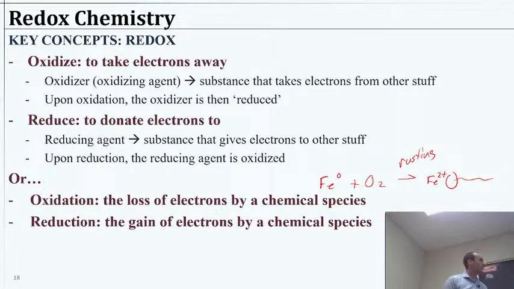Okay. Yeah, a lot of this depends on whose perspective you are taking, right? Are you looking at what's happening to the molecule or the atom, or are you looking at that atom or molecule itself?